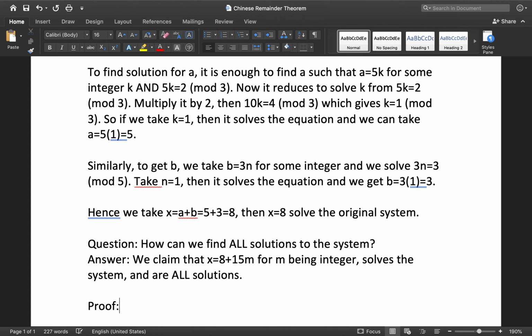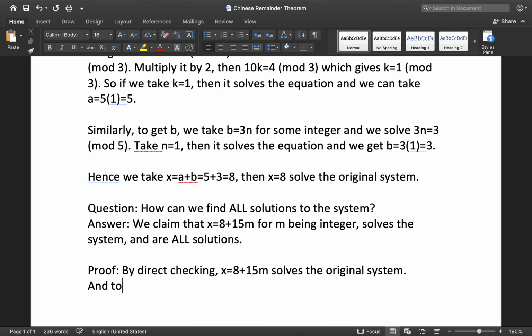Now of course, by direct checking, this solves the original system.